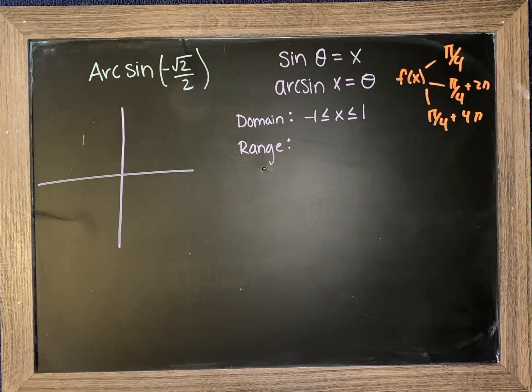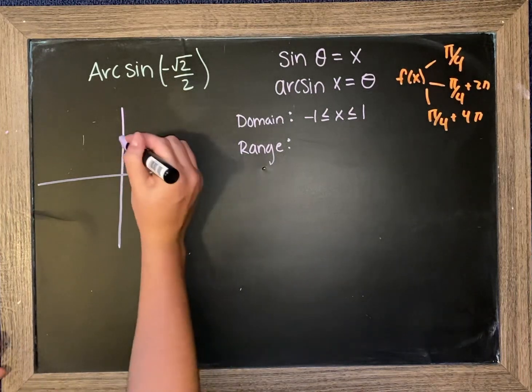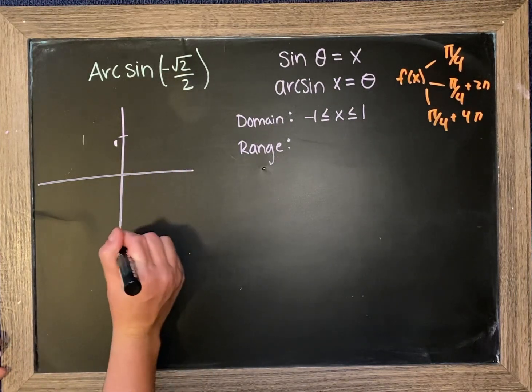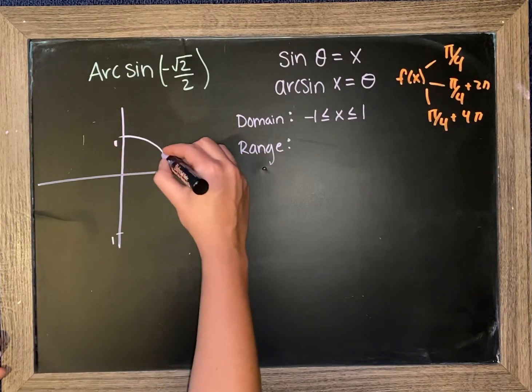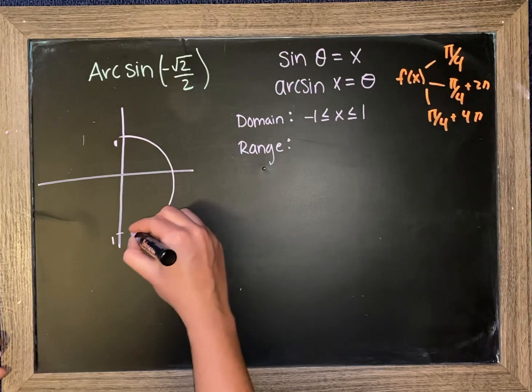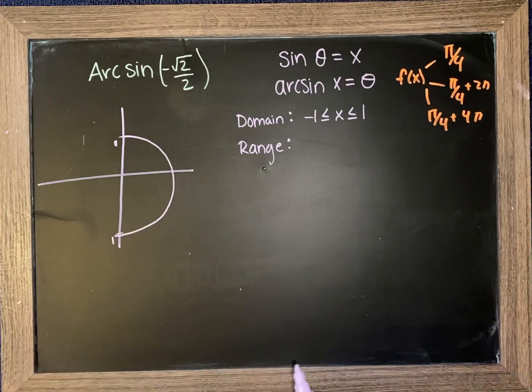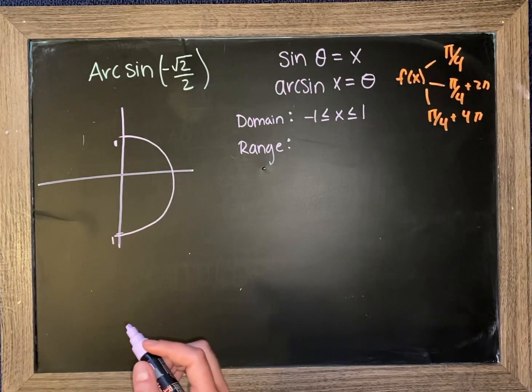So what we're going to want to do is restrict our range to only be between negative pi over 2 and pi over 2.